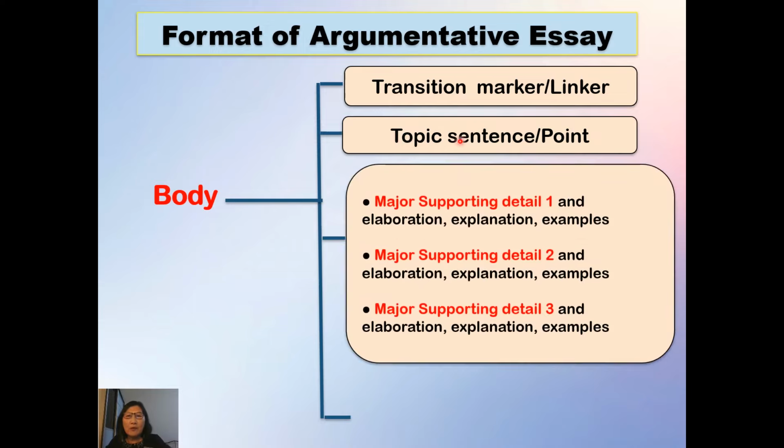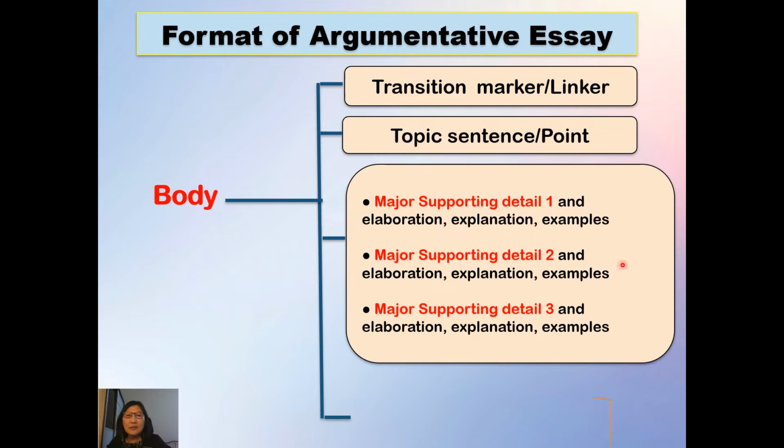And for the point that you have given here, you will have to provide supporting details. So here you can provide 2 or 3 supporting details, and for each of the supporting details you are to provide elaborations, explanations and examples.